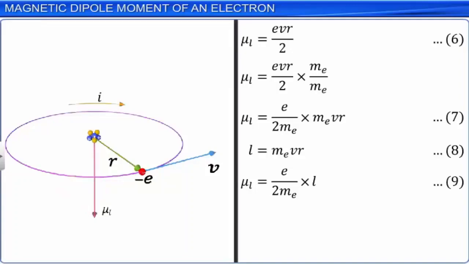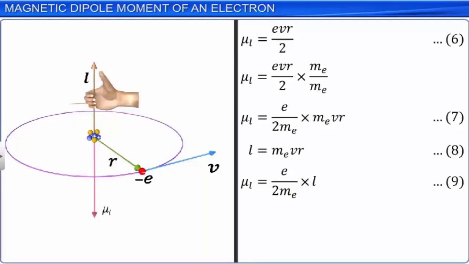On the other hand, if we need to find the direction of the angular momentum of the electron, we use the right-hand rule again. In this case, we curl the fingers of the stretched right hand along the direction of velocity of the electron. Then, the thumb indicates the direction of the angular momentum.